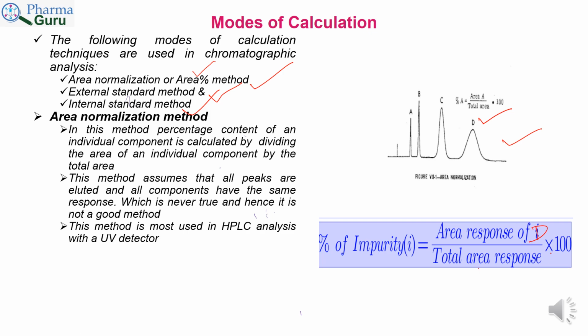For impurity C, it will be area response of C divided by total area into 100. For impurity A, it will be area of impurity A divided by total area into 100. This is the procedure to calculate purity or impurity by the area normalization method.